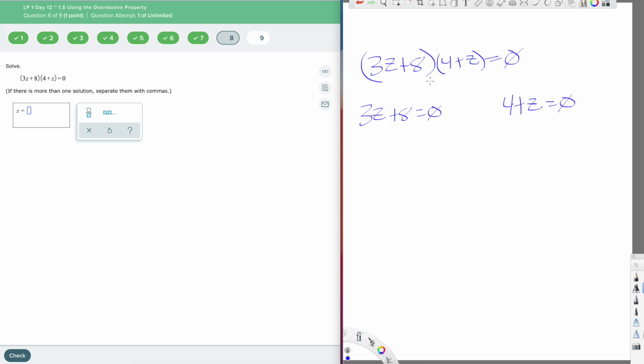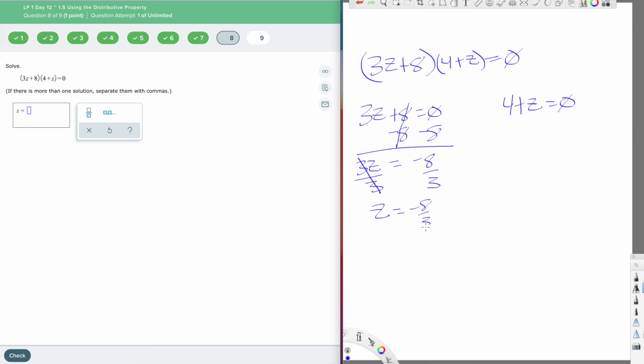So you notice this one just came down here, this one came over here, and I put them both equal to 0. And so now we're just going to solve for z like we would any other equation. 8 minus 8 cancels. -8 equals, I'm going to divide by 3, divide by 3. Z equals -8 thirds.